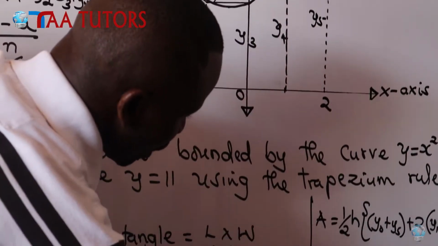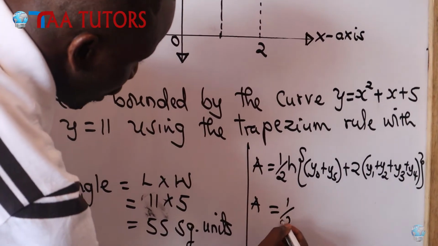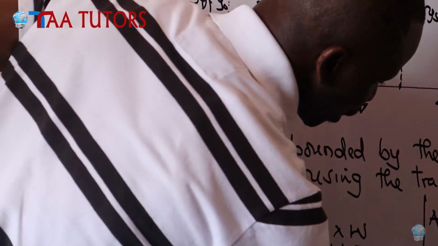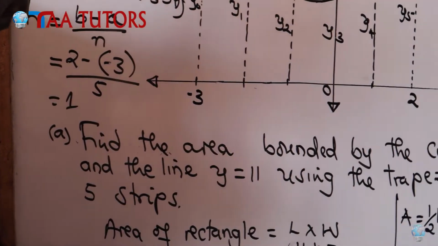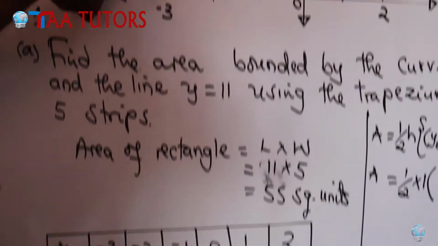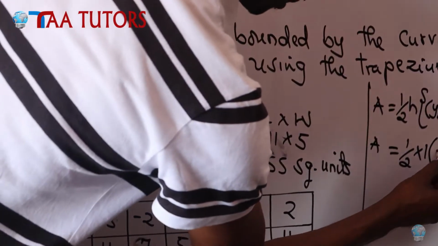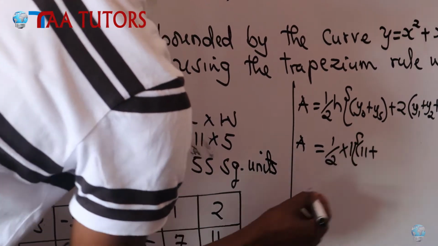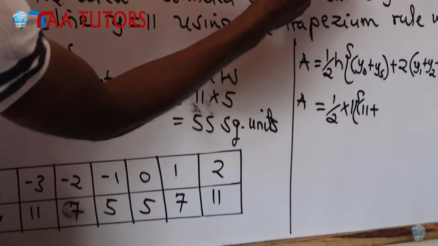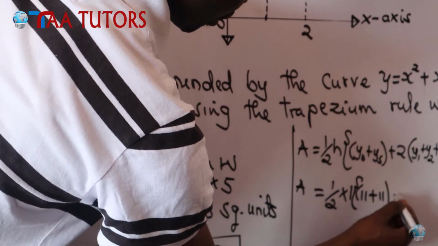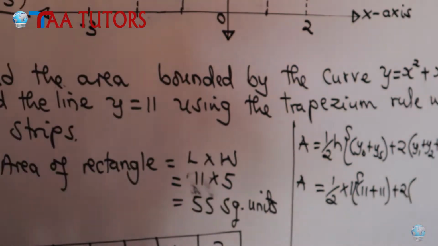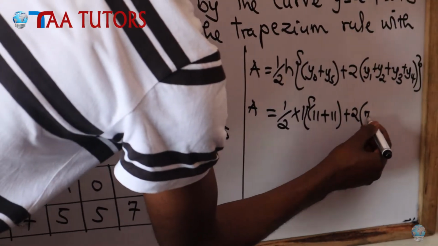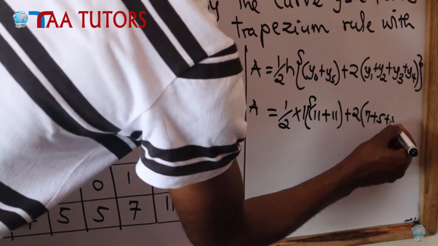We have determined h as 1, so times 1 here, into y0, which is 11, plus y5 at 2, which is 11, plus 2 into the ones in the middle: 7 plus 5 plus 5 plus 7.